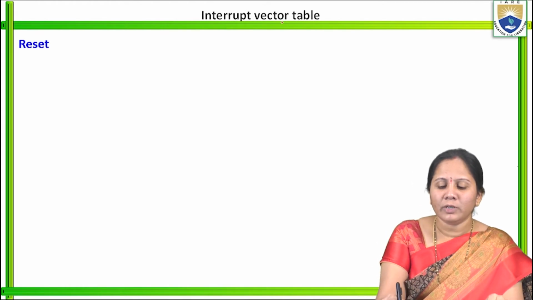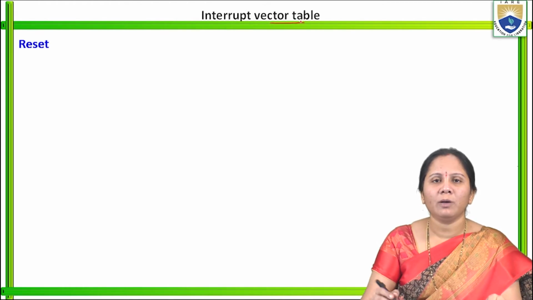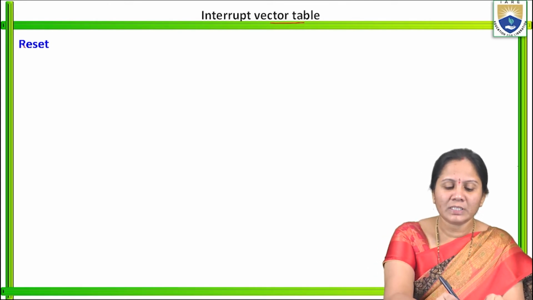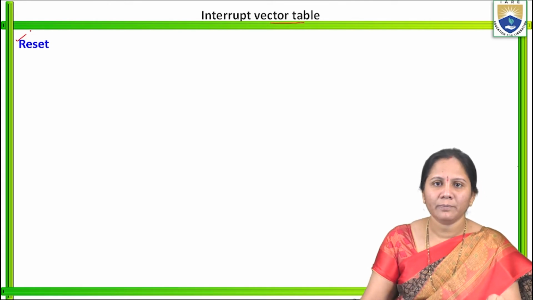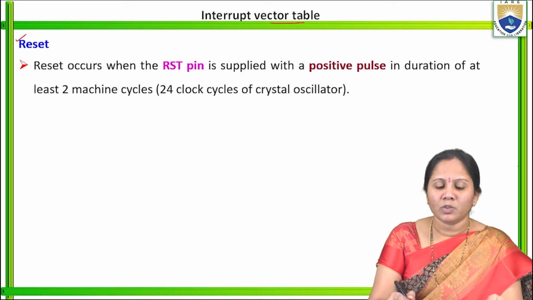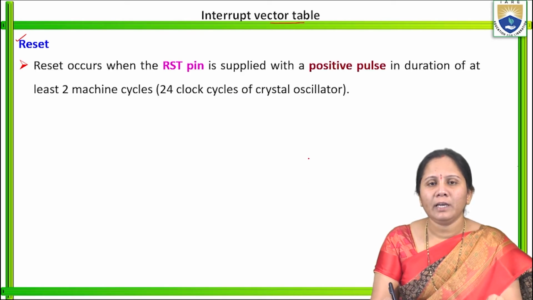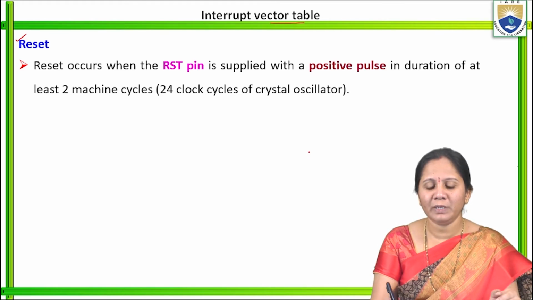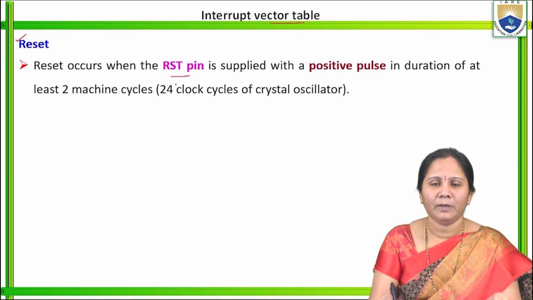And so next, coming to the detailed discussion about all those 6 interrupts. The first interrupt is reset. If you see the pin diagram of the 8051 microcontroller, 40 pins are there. Among those 40 pins, one of the pins is the RST pin.